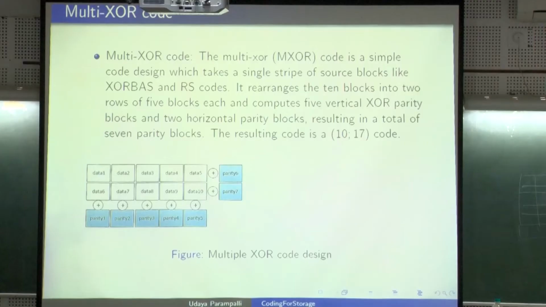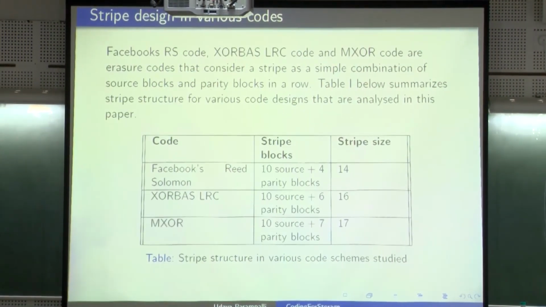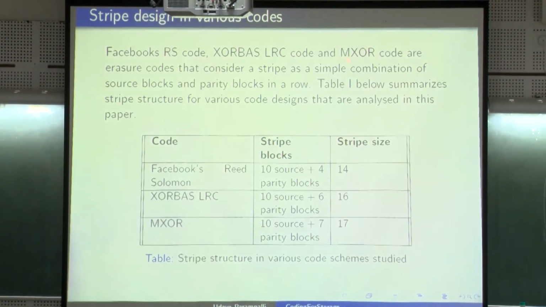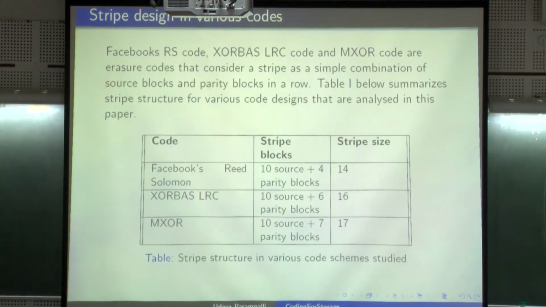Okay, so this is how we do the multi XR code. These are the 3 codes that we have tried: Facebook RS code, Sorbus, LRC, and MXR code. The stripe design I have already talked about. They all ensure the stripe is a simple combination of source blocks and parity blocks in a row.